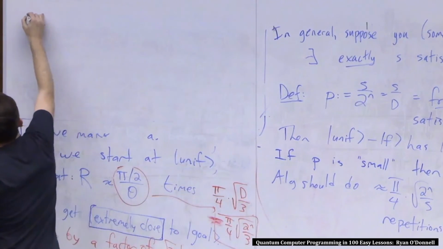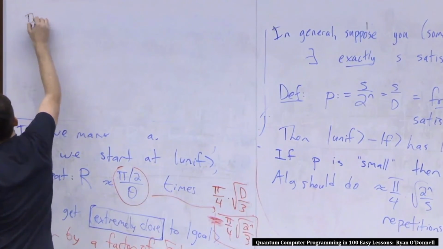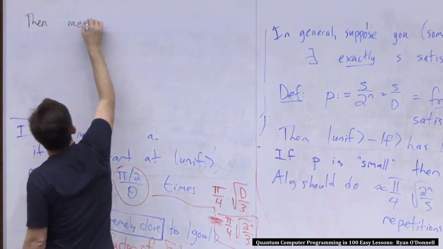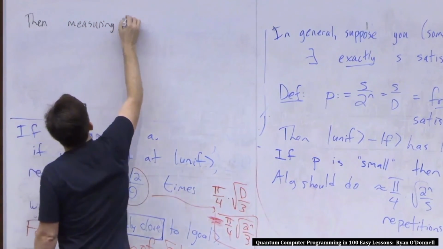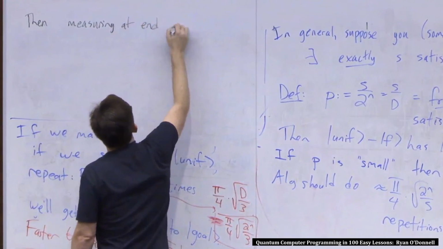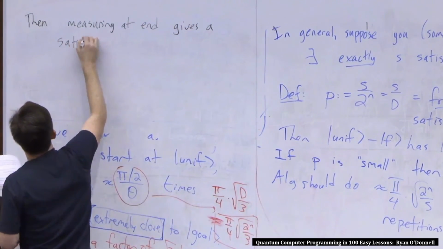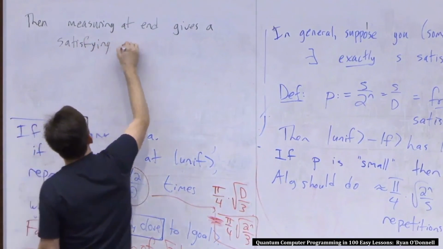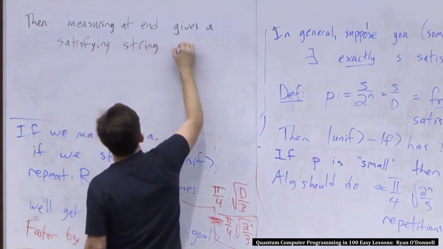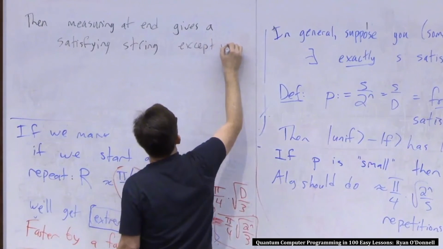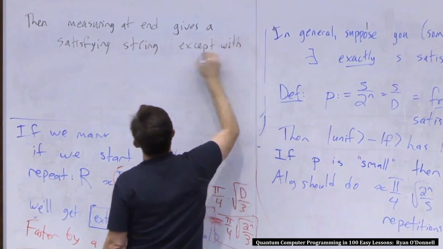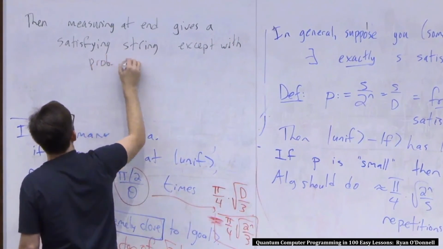So then at the end, measuring at the end gives a satisfying string, maybe except with probability less than 1%.